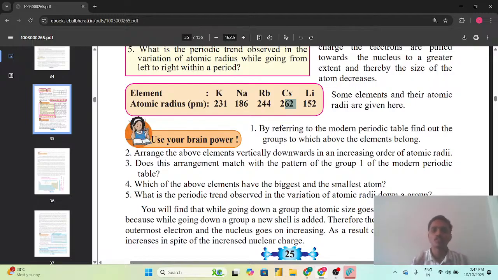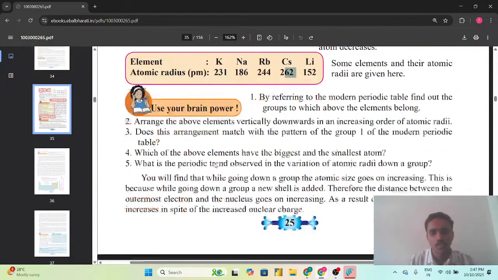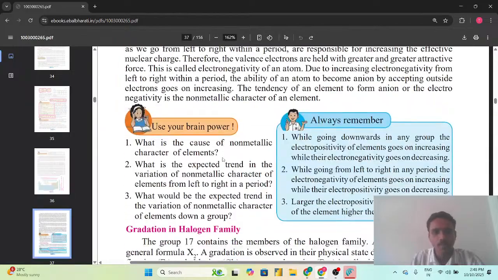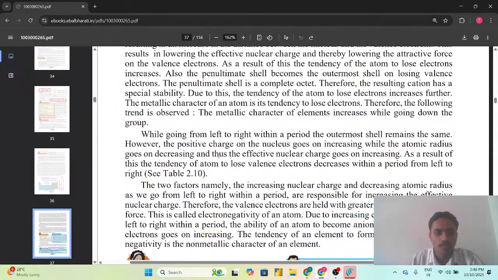So due to which it is easy. It is the tendency of the metals to lose valence electrons, and it is the tendency of the non-metals to accept that electron and form the stable compound. So that is what we are seeing.